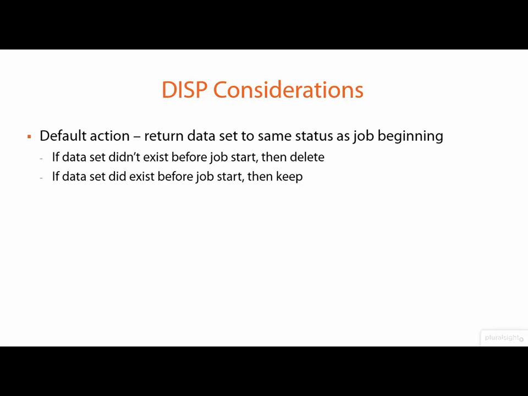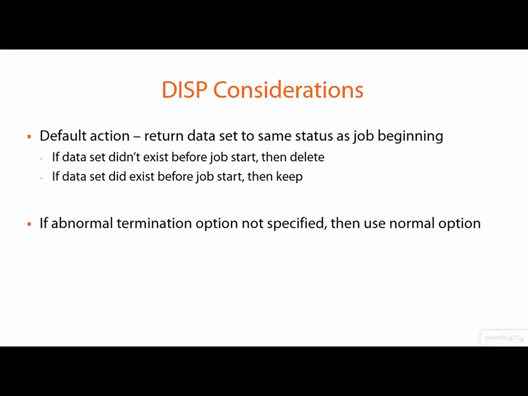Similarly, if it's an existing data set and I want to get rid of it, then I would need to specify delete, since the default action would be to keep it, since it was already an existing data set when the job started. Now, abnormal termination in this case means that the job itself terminates abruptly with an abend code. This does not mean that we have a bad return code or anything else.